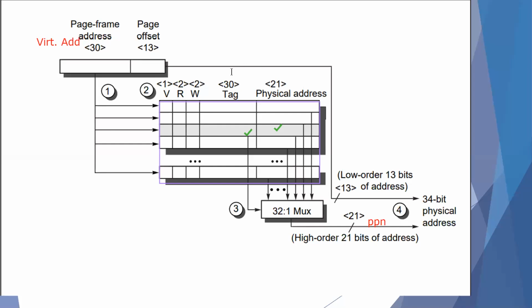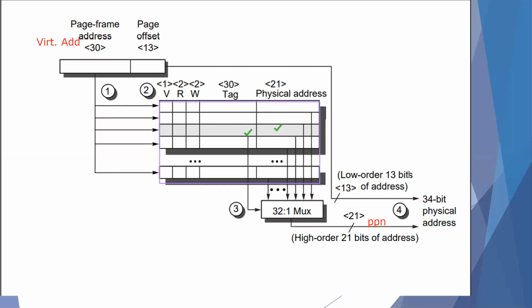Very good. Just before we go on with all this, the final address is this number concatenated with the offset which is brought from here. Okay? I hope that's clear. So we had 43 bits of virtual address which got converted to 34 bits of physical address.